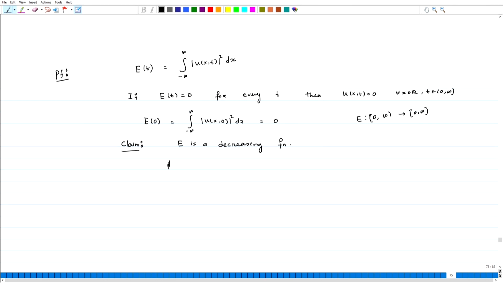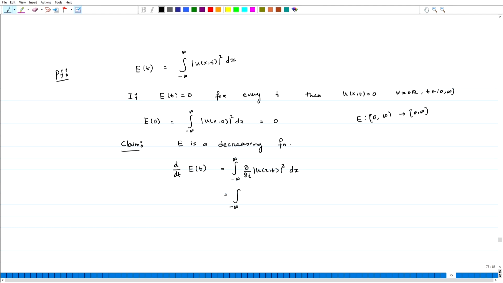This is d/dt of E(t), which is equal to the integral from minus infinity to infinity, and we can put the derivative inside, of mod u(x,t) squared dx.